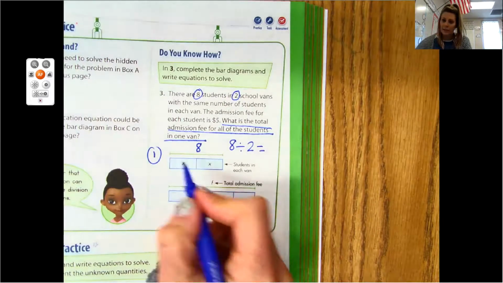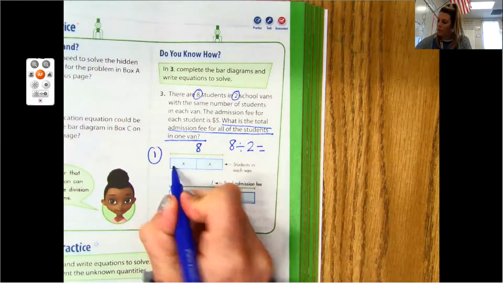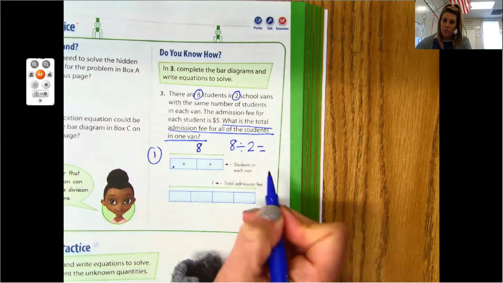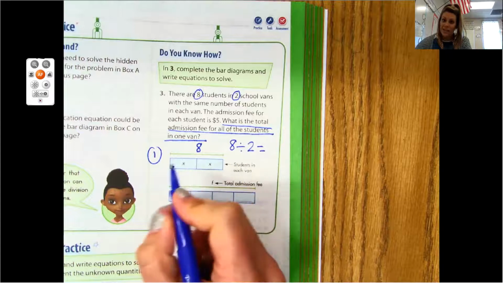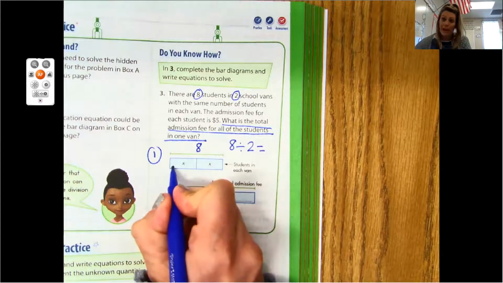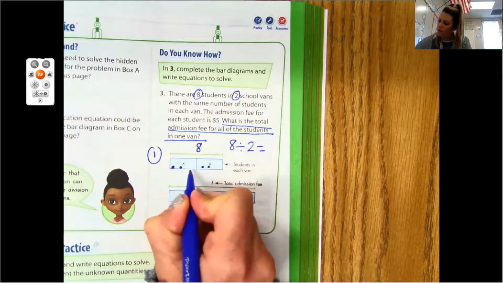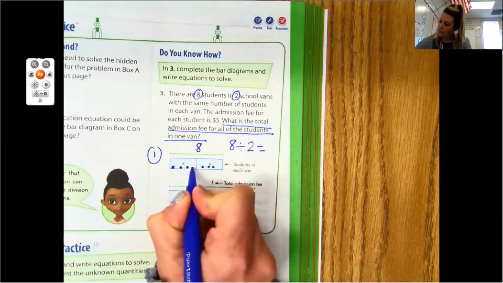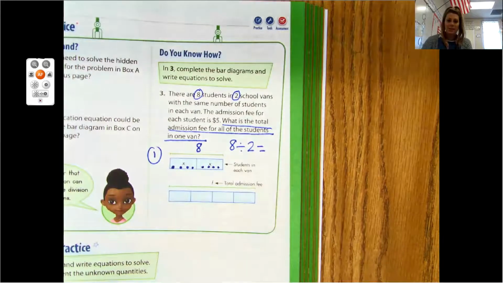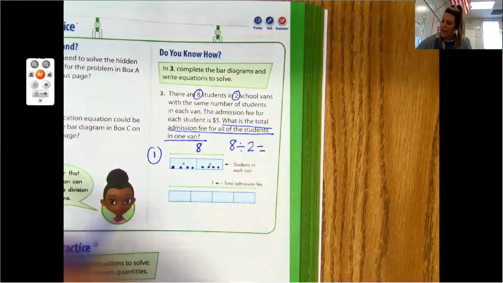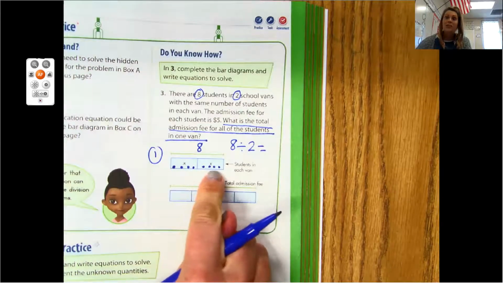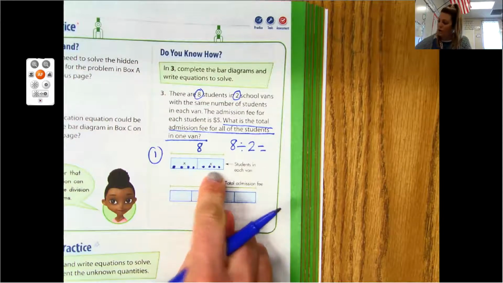Well, if we split it up and we put one student in each van until we get to 8, what would we do? How many will we get? 1, 2, 3, 4, 5, 6, 7, 8. So each van has how many students? 4, right?